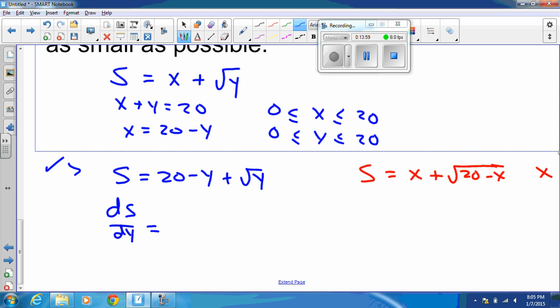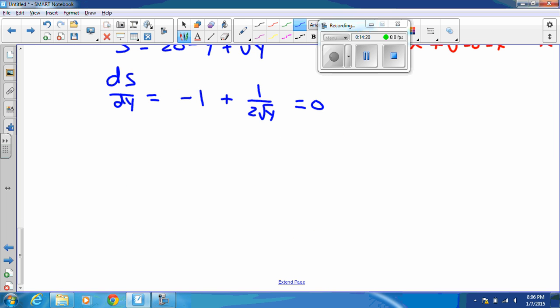We take the derivative, ds/dy is equal to, derivative of 20 is 0, the derivative of negative y is negative 1, and the derivative of y to the 1/2 is 1 over 2 root y. We set that derivative equal to 0. And we're going to solve by clearing the fractions, by multiplying both sides by the denominator, 2 root y.